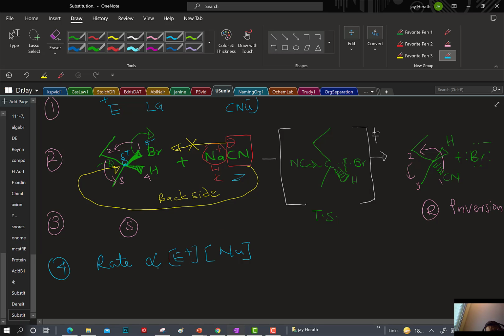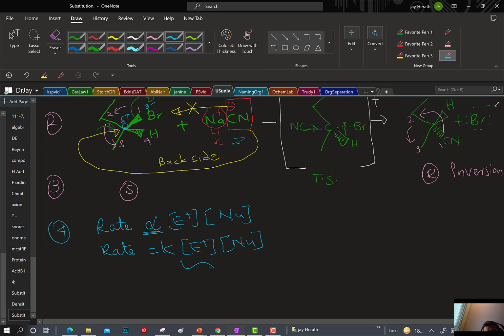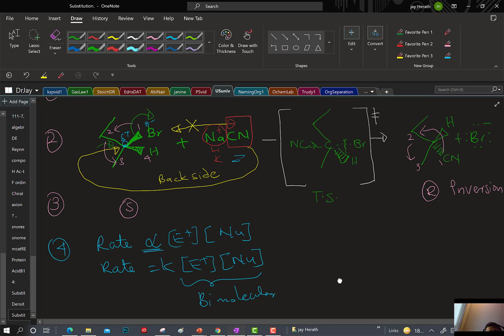So the proportionality is not a good thing, we have to give a value. So the rate is k, that's a rate constant actually. So the proportionality constant, we put it there, times E plus and Nu minus. So that gives me the bimolecular, right?